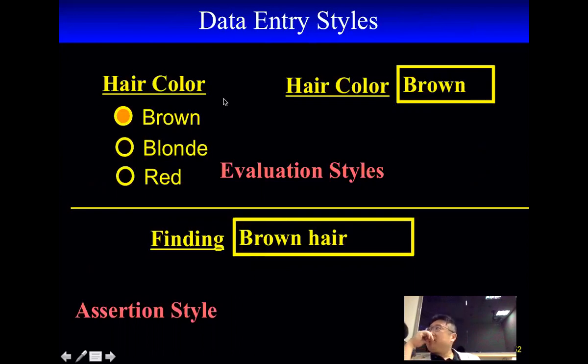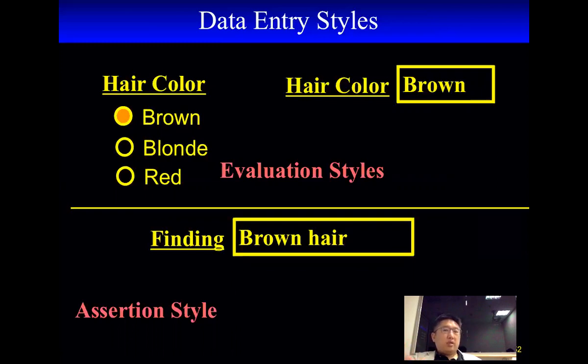Sorry, I should correct what I said. When we talk about the different ways of inputting data, we compare the evaluation and assertion styles. Pre- and post-coordinate are not fully correlated to the evaluation or assertion style.